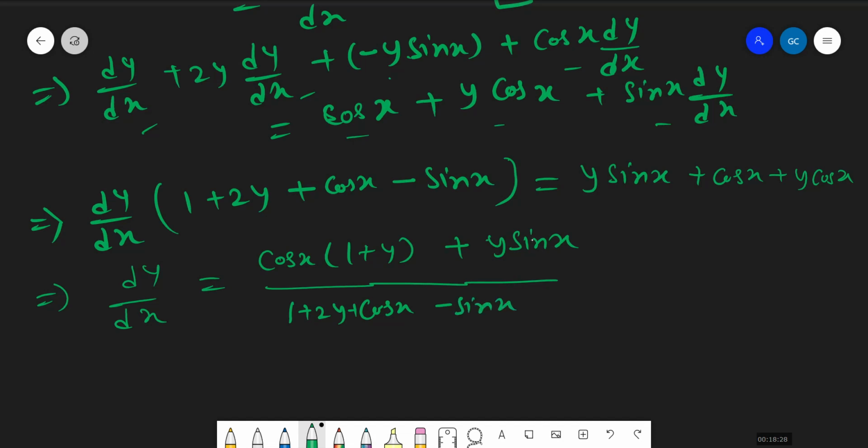Directly dividing this could also be considered a solution, but I'm just simplifying more. Someone can simplify this further, but anyway, this could be our answer.